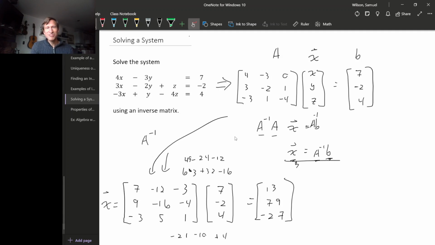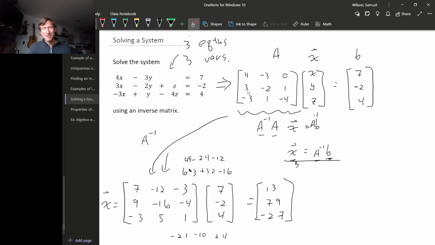So you can see solving a linear system really is just a matter of finding the inverse matrix for this coefficient matrix. Of course, this coefficient matrix won't always have an inverse, right? The only reason that we could do this is because this system had 3 equations and 3 variables, and the 3×3 coefficient matrix did happen to be invertible.